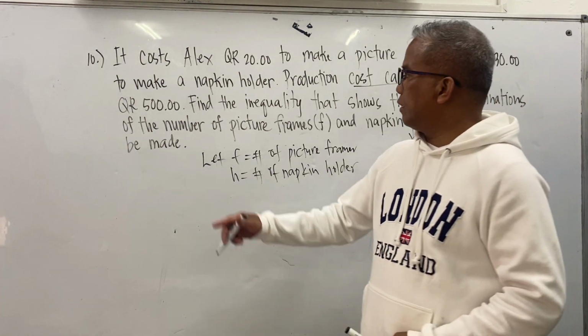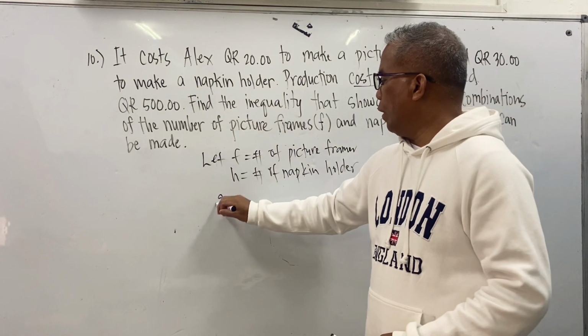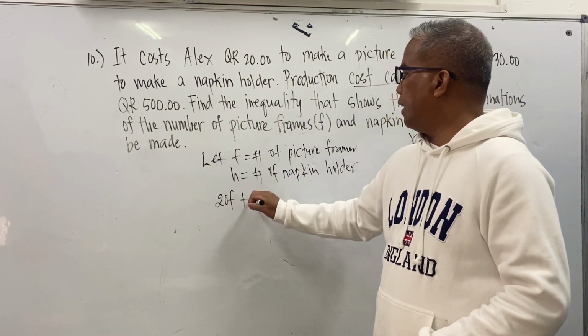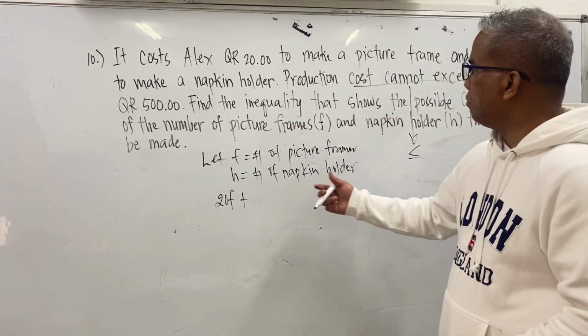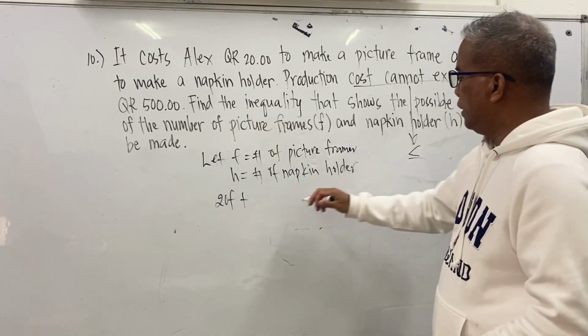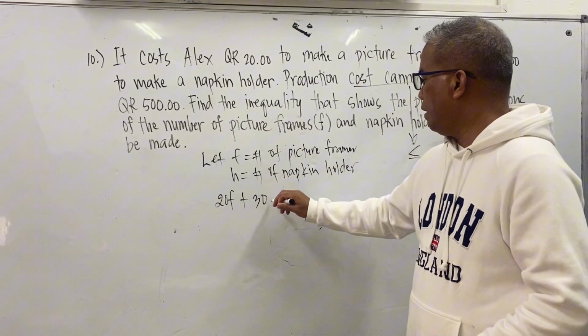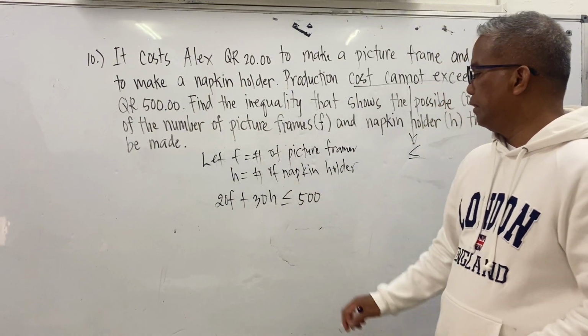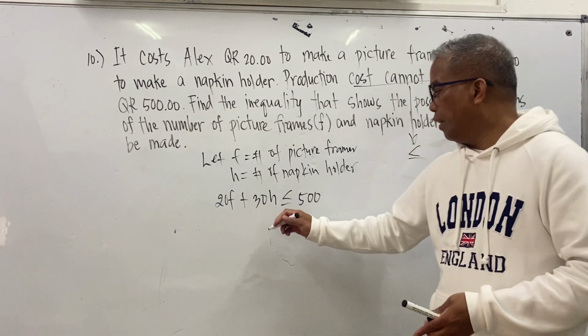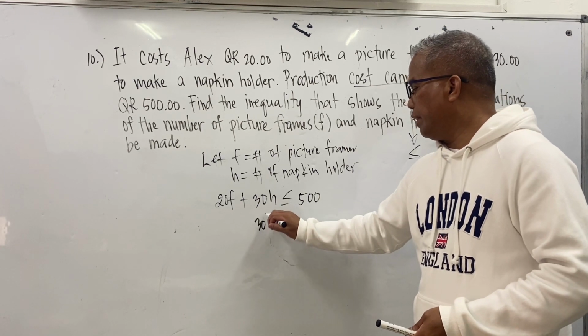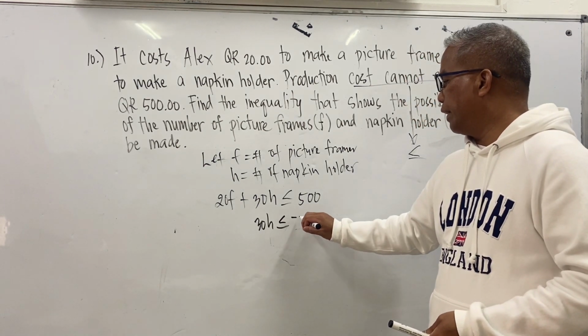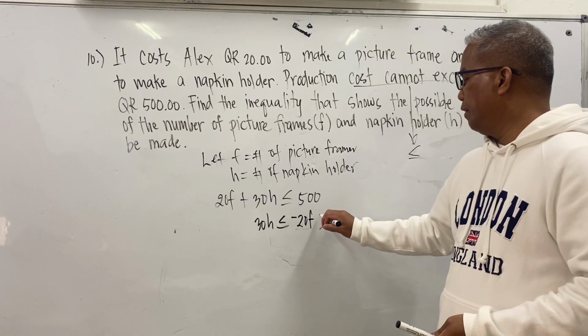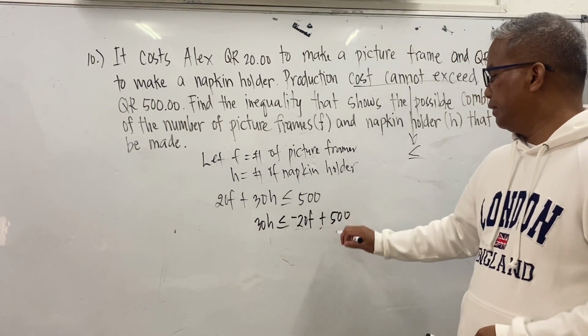Writing the inequality, 20F plus 30H less than or equals 500. Solving for H, we have 30H less than or equals negative 20F plus 500.